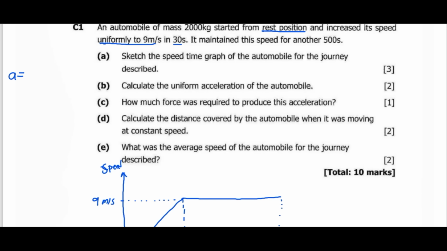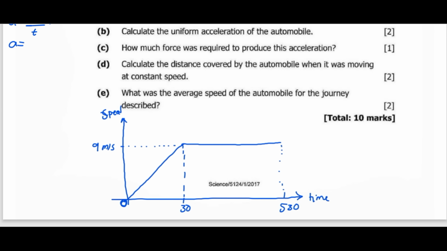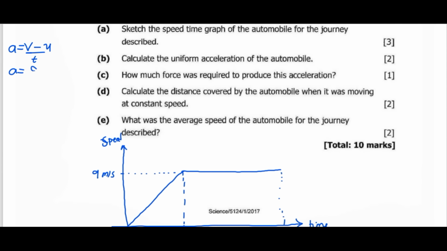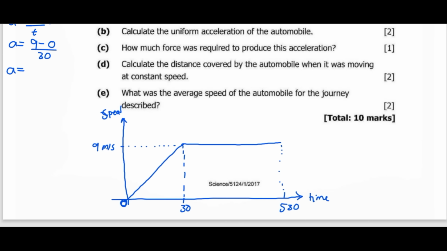Acceleration is equal to final velocity minus u over t. Final velocity is 9 minus 0 over the time, which is 30. So 9 minus 0 is 9 over 30. What is 9 divided by 30? 0.3. So 0.3 meters per second squared is our acceleration.